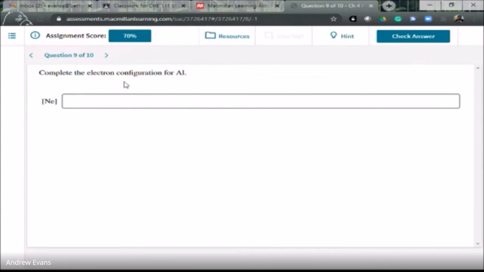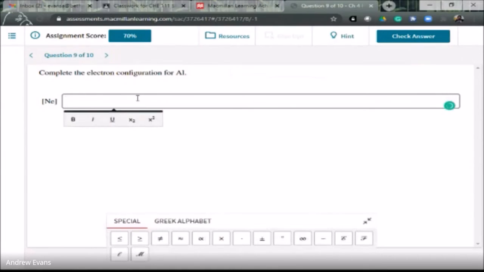Now for the condensed electron configuration, oh God, they gave me aluminum again. So that'll be easy. Starting from neon in brackets, after neon, it's 3s2, and then p1.